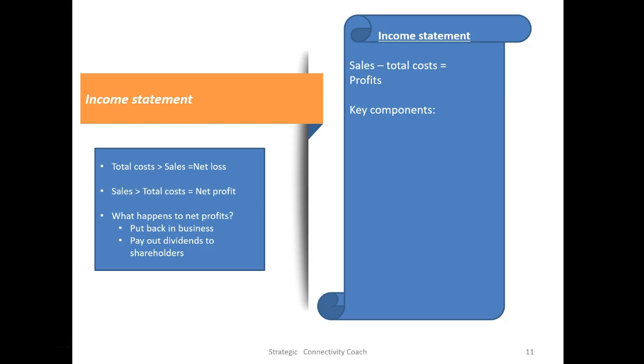Now let's talk about some of the key components on the right side of the slide of what are in the income statement. Obviously, the first item is the sales. And then you have cost of goods sold, which is the cost it takes to produce a product. If it is a service industry like insurance company, banking, but you're not really producing a car or a computer, it may be called a cost of revenue or cost of sales.